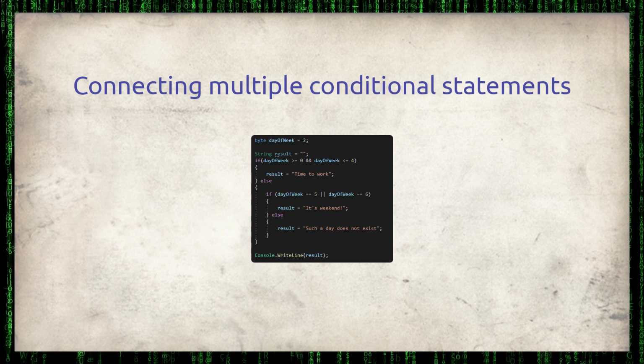It's also not day 5, and it's not day 6. So our very last else statement is going to be executed, and it's going to say such a day does not exist, and write that to the console, to the terminal. And yes, that's the basic workings of conditional statements.